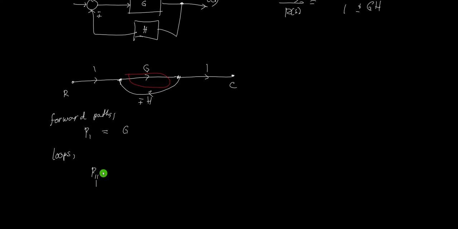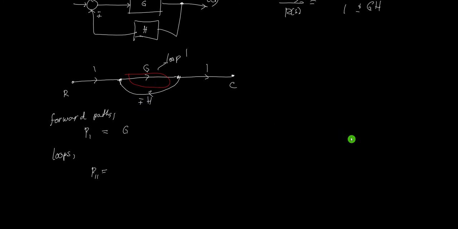And that will be the gain of that loop. This is loop 1, so this is 1 here. If there are other loops, loop 2, then we call it P21. If there are 3 loops, then we call the third P31. The 1 in the subscript represents that these are loop gains, and the first number represents the ith loop.